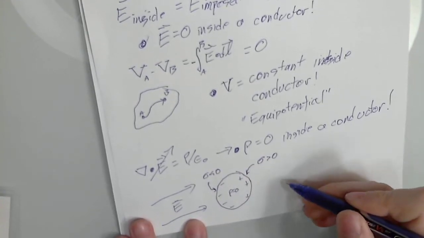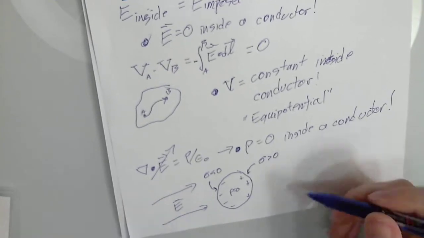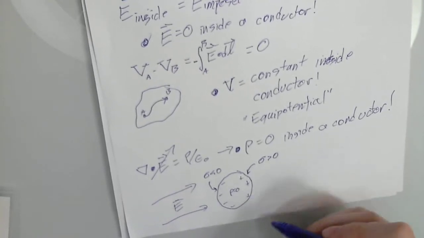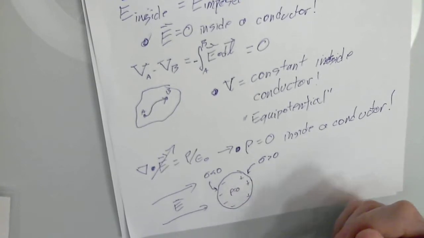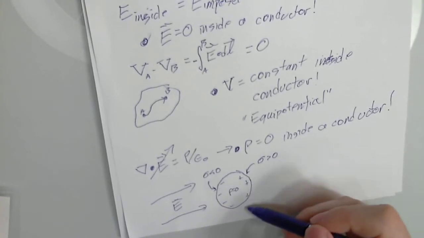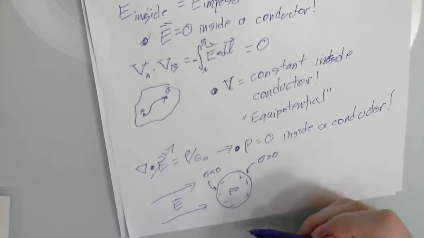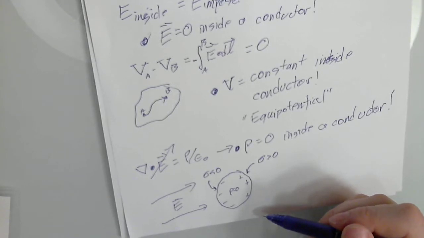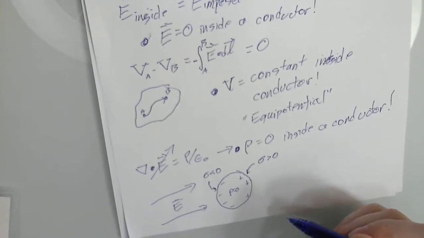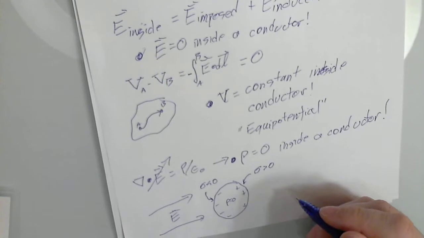So for a conductor, you can have surface charges, you just can't have volume charges. And that's typically what happens. The conductor rearranges itself, creating surface charges on its surface that cancel out any external magnetic field. Sorry, electric field.